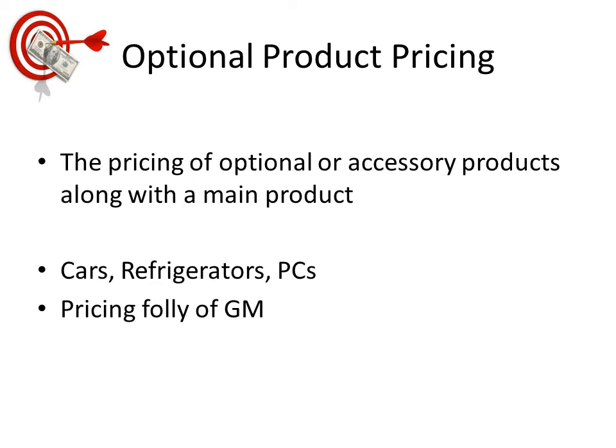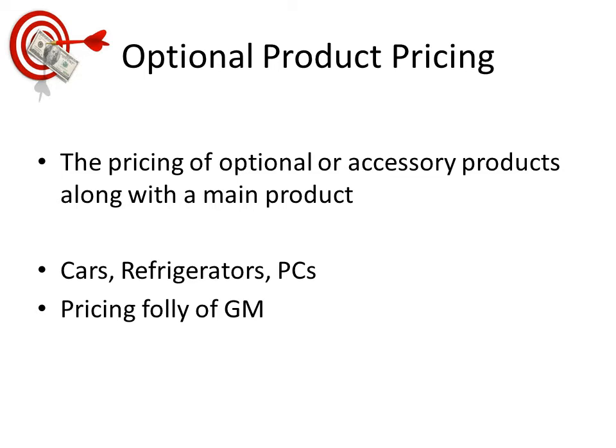The next one is optional product pricing. We've seen this case earlier also, that there is a main product and then there are accessory products. The customer can buy the accessory products, which are priced differently. As I said, the accessory products are definitely optional. We saw this in the case of cars, where there is a main or base price, so there is a car which comes with certain features, which is the base price, and the customer can decide to buy accessory products, which are of course optional in nature.